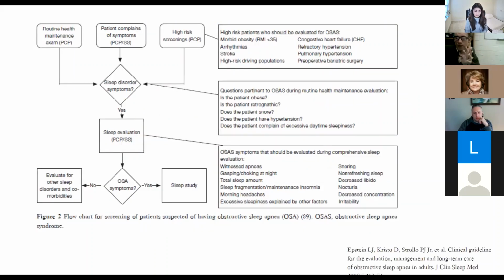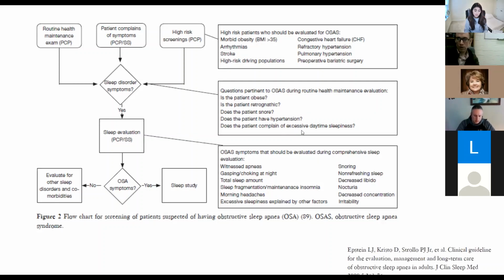So this comes from the clinical guideline for the evaluation and management of obstructive sleep apnea. When patients come in with their classic complaints and symptoms, severe snoring, waking up choking, gasping, feeling tired during the day, falling asleep in traffic, we're pretty good at recognizing that those folks need further assessment. Things to keep in mind for the routine OSA evaluation are looking for obesity, looking for craniofacial abnormalities such as retrognathia.